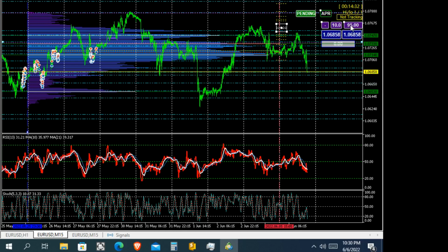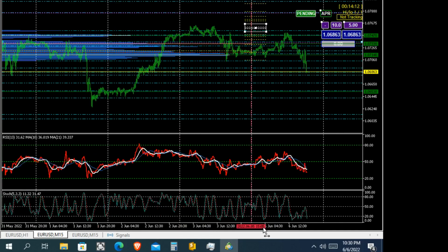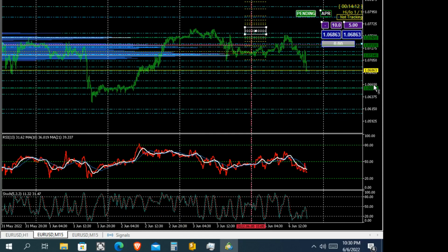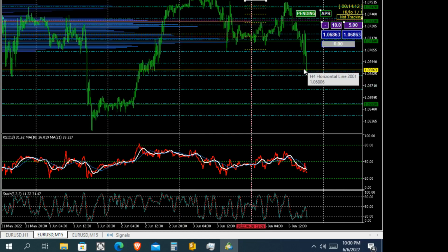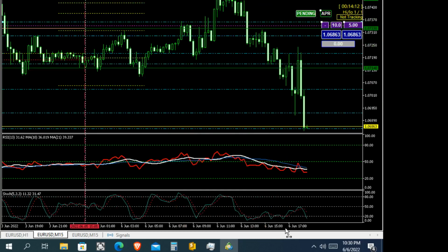I'm trying to get it down to a smaller lot size. All right, $5 is good enough. All right, it bounced off of this. It bounced off of this, and we stretch out. It hit, and it's bouncing.